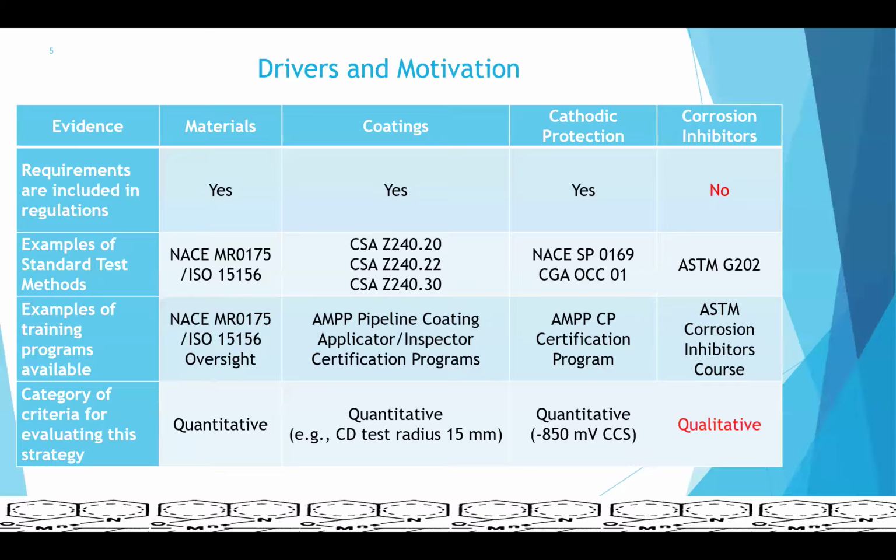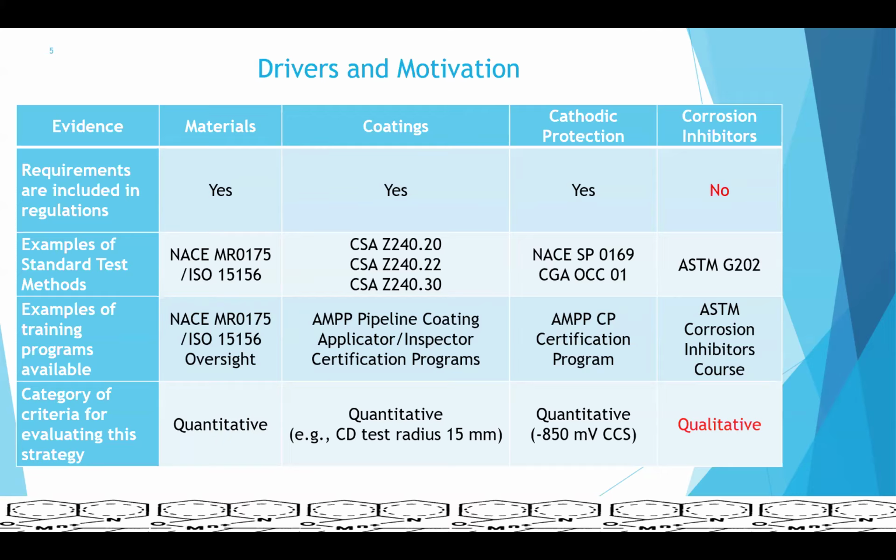For CP application around the world, everybody follows NACE SP0169 or derivatives of that one. For inhibitor selection, we have only one standard, which is ASTM G202. Of course, we also have training on these standard test methodologies.